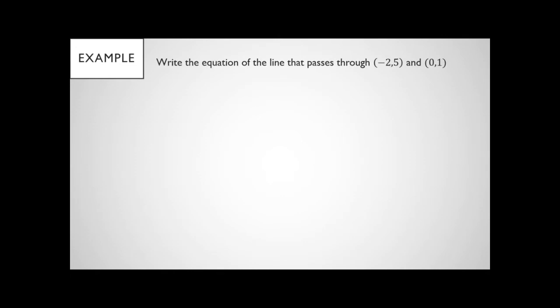So here's where things get a little more complicated, and this is similar to what you have to do on the discussion because now we're writing an equation of a line that passes through 2 points. We're not given the slope. So we have -2, 5, and 0, 1. In order to write the equation of the line, you always need the slope. So the first step is to find the slope.